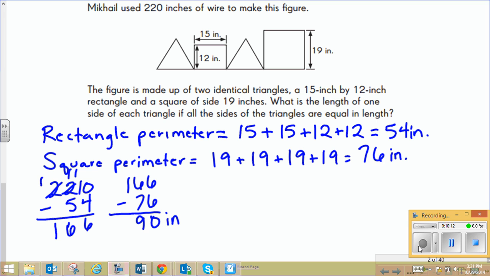So we have a total of 90, and we have two triangles with 3 sides each, a total of 6 sides. Because we know that all of the sides of the triangle are equal, we can divide 90 by 6. That tells us that one side of the triangles equals 15 inches.